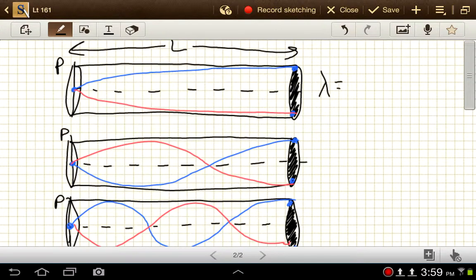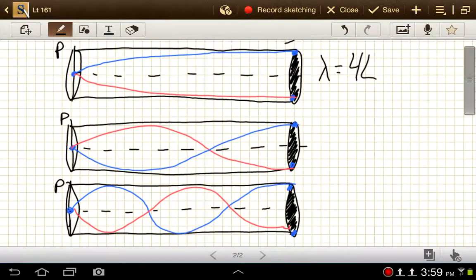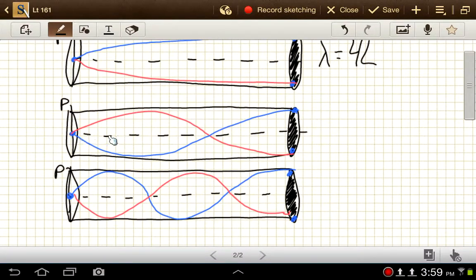So if I wanted the full wave, I'd have to have a distance of 4L. Here I've got one whole up bump and then half of a down bump, or one full down bump and then half of an up bump. That's 3/4 of a wave.